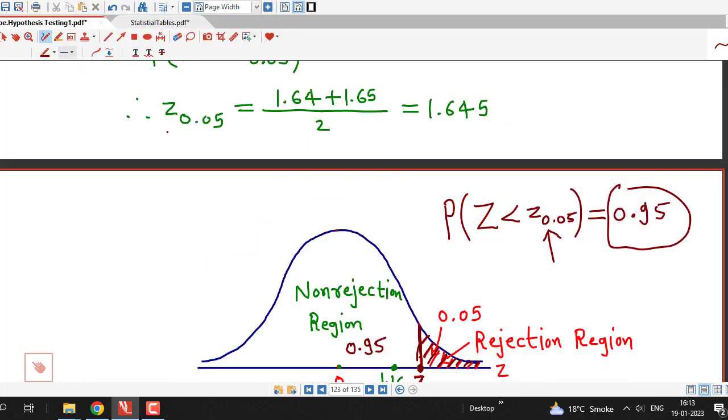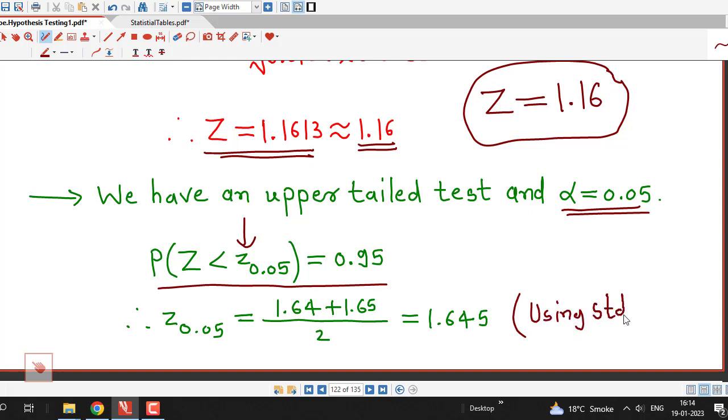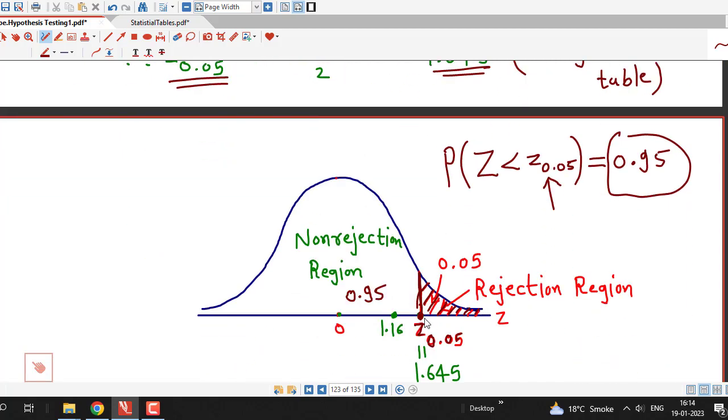So I have written all these things here. We have an upper tail test, and alpha is 0.05, and the area to the left of this point is 0.95. Therefore using the standard normal probability table, we find that this value is 1.645, that is this point.